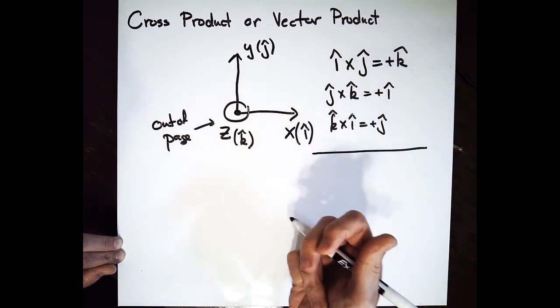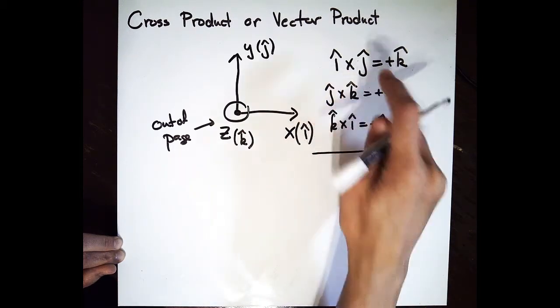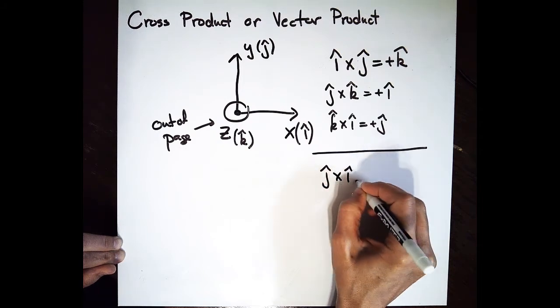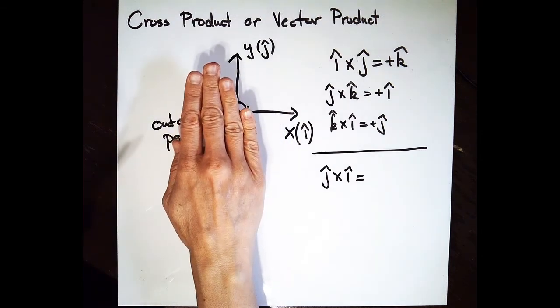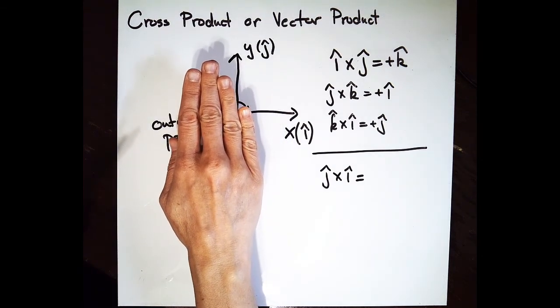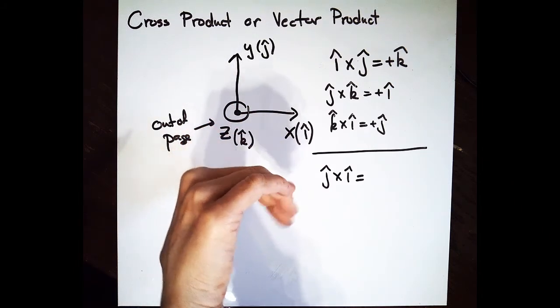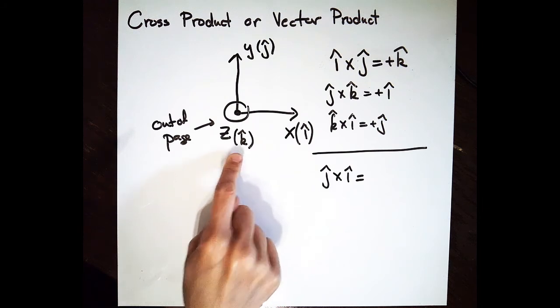If we go in reverse alphabetical order, or negative alphabetical order, so instead of i hat crossed with j hat, we do j hat crossed with i hat, well, let's see what happens. So j hat's y, so I'll point my fingers in y, and then when I cross them with x, I'm going to have to rotate my hand so that I can curl my fingers to x. Then my thumb is pointing down, or in the negative z direction.